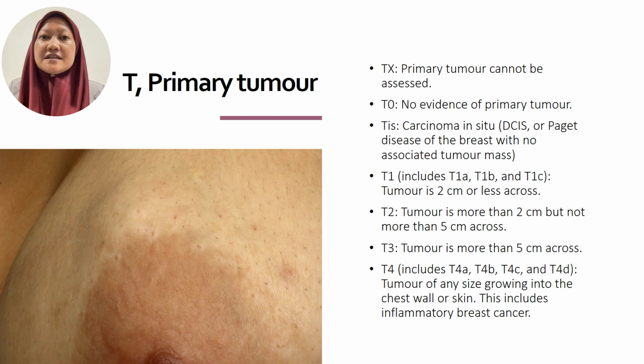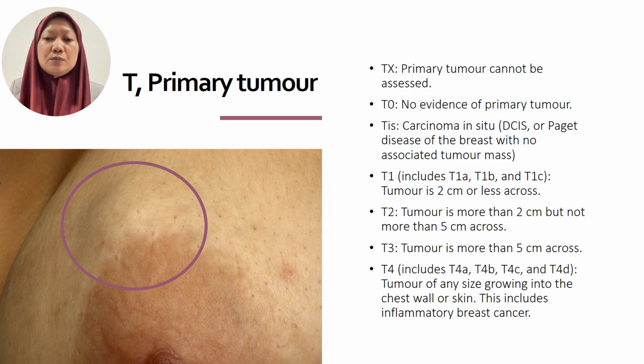Now, let's take a moment to analyze this image. Can any one of you identify any abnormalities? Yes, as you can see here, there is a noticeable lump in the right breast. The primary tumor can be staged based on the size of the tumor, whether it's 1 cm, 3 cm, 4 cm, etc. T1 means the tumor is 2 cm or less across.